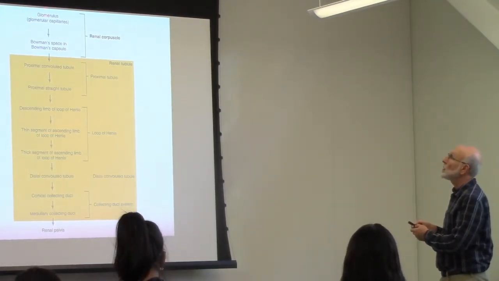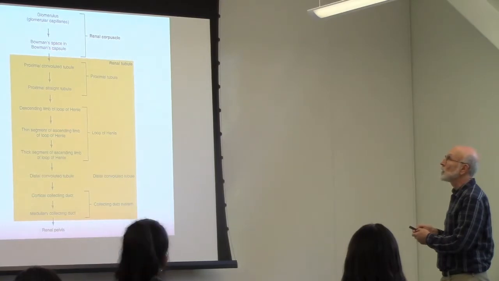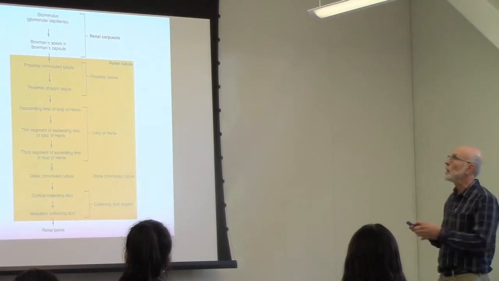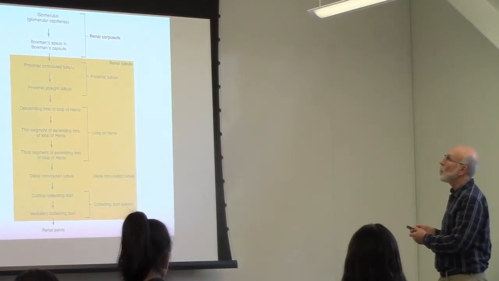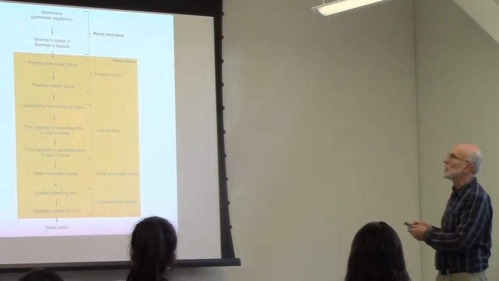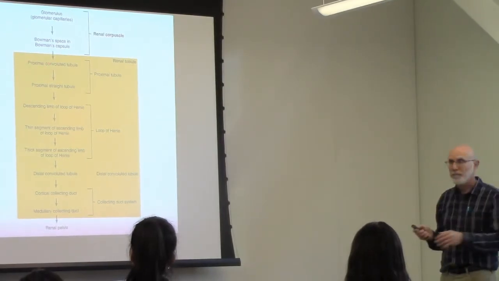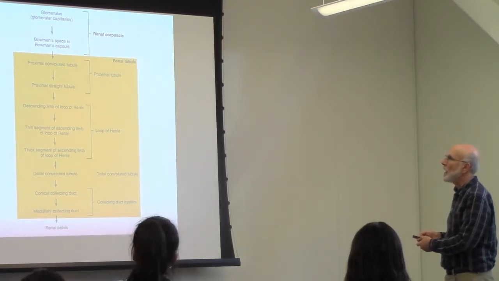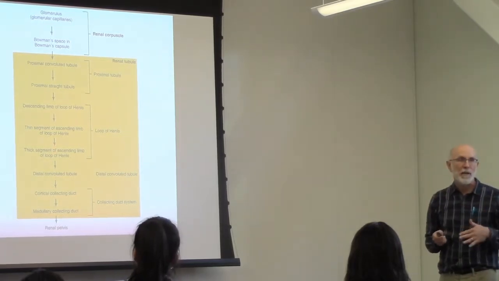The glomerulus filters fluid into Bowman's space. The fluid, the filtrate at this point, is processed by the proximal tubule. And here's a slide. Do not focus on the difference between convoluted and straight. Proximal tubule. Then the descending and the ascending limb of the loop of Henle. Again, don't focus on thick or thin.